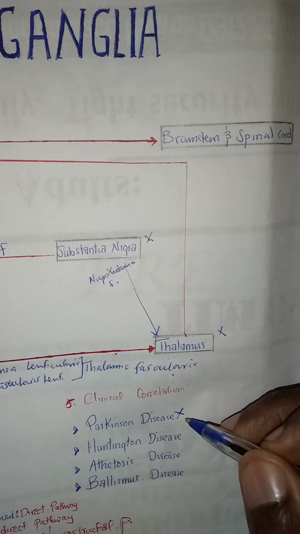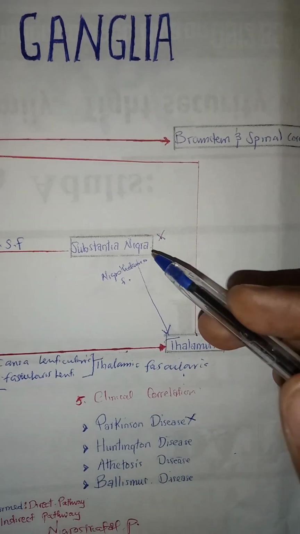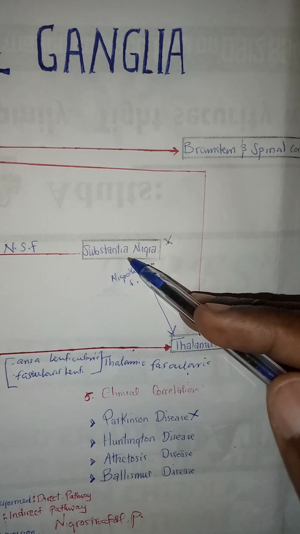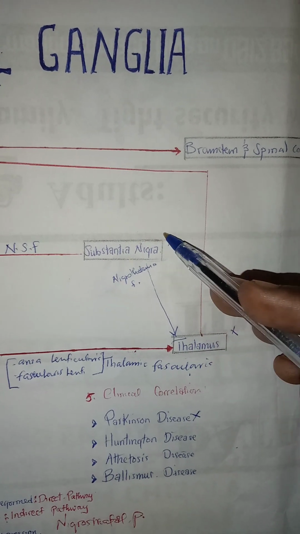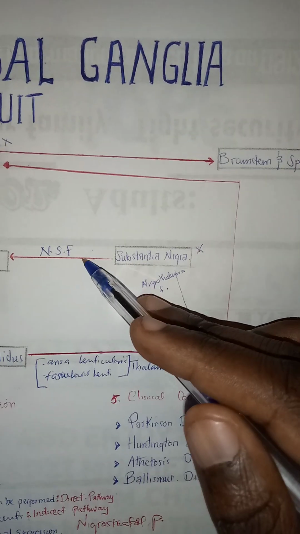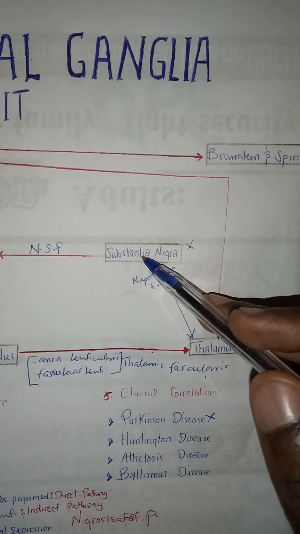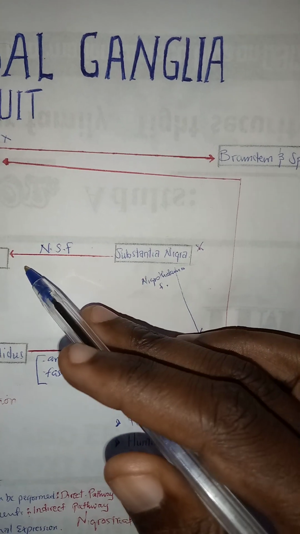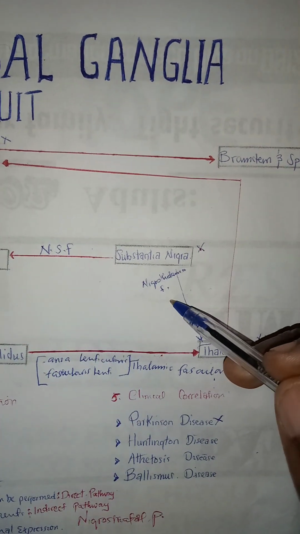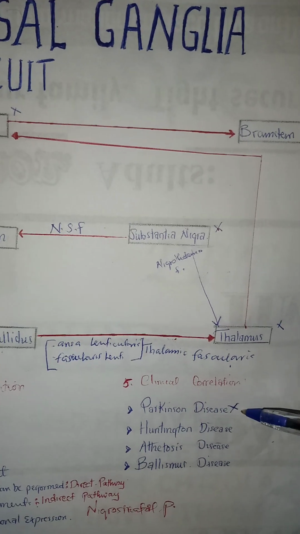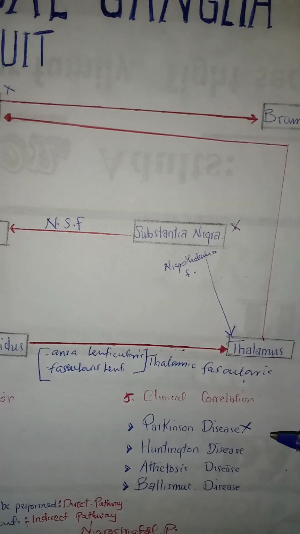So Parkinson's disease is a result of lesion to the basal ganglia, the substantia nigra which produces dopamine. Okay, it can be either a lesion to this part or to its fibers. Because the neurotransmitter produced by this component won't reach the target when there is damage to the fibers. Okay, so that will give rise to Parkinson's disease.